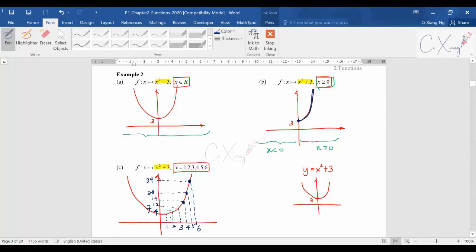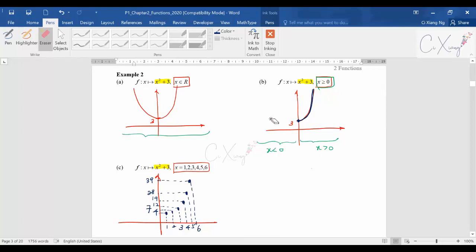And so on. For this example, they are asking you to consider only the 6 values here, which are 1, 2, 3, 4, 5, 6. Therefore, your final graph will look something like this only. This is your final graph with 6 points only, 6 blocks. So this is the meaning of having this kind of domain.